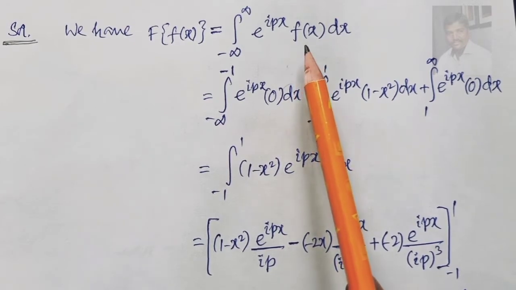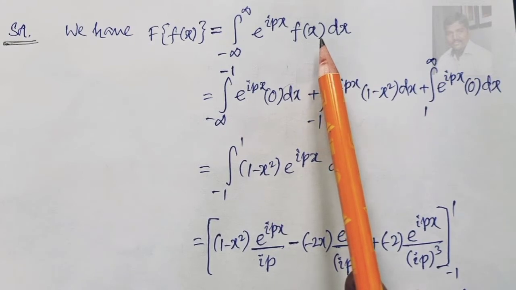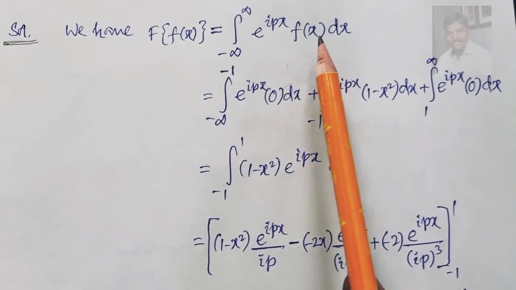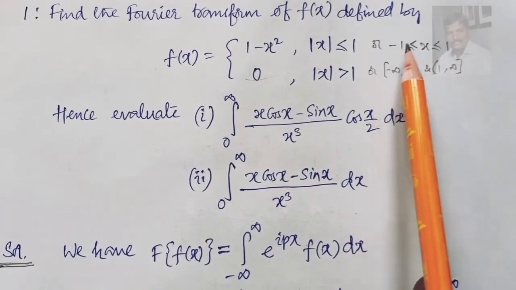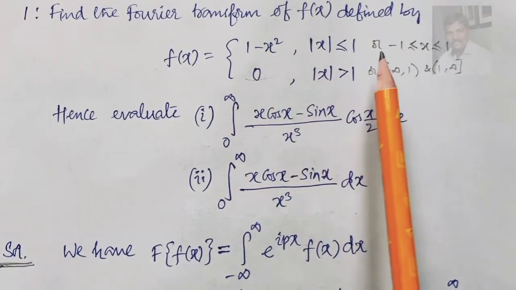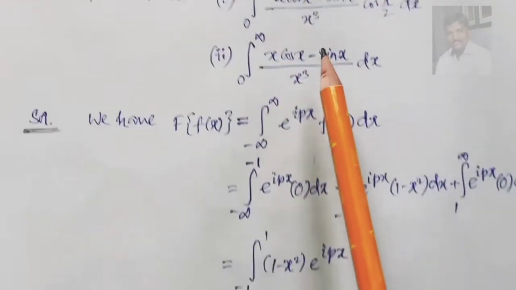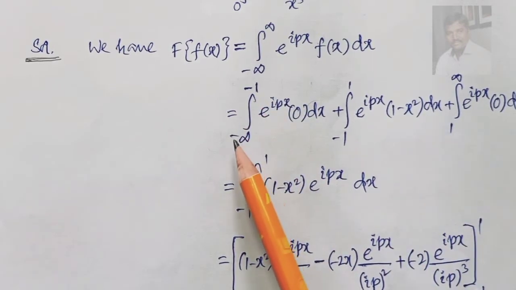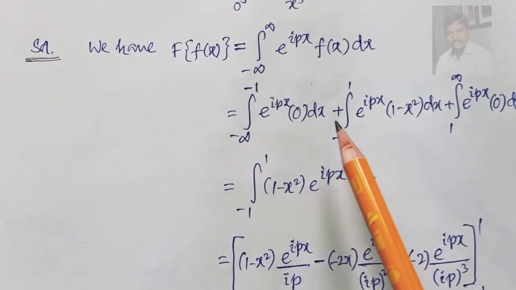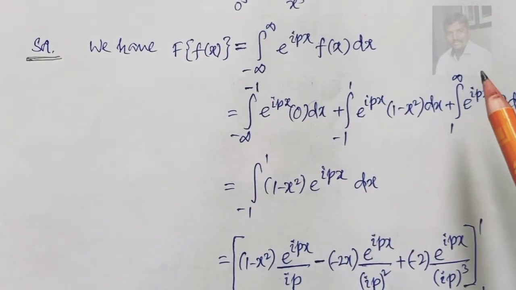From the given problem we already know that f of x from minus 1 to 1 is 1 minus x square, and from minus infinity to minus 1 and 1 to infinity it is 0. So now split this interval minus infinity to infinity into three parts: minus infinity to minus 1, minus 1 to 1, and 1 to infinity.